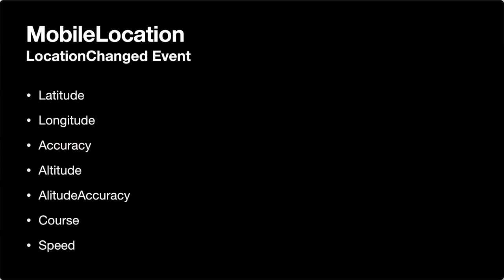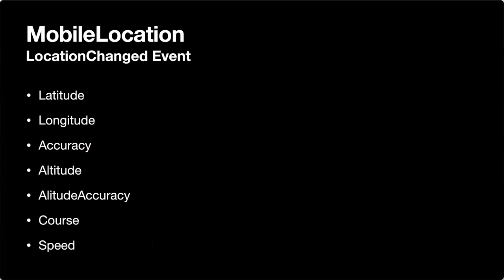Now, what do you get? Well, the MobileLocation class, your instance, has a LocationChanged event, and it passes you a lot of information. The latitude, longitude, the accuracy of that latitude and longitude, I think it's in meters, how much space there is in terms of the accuracy.